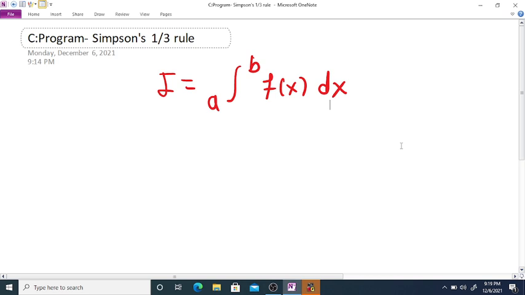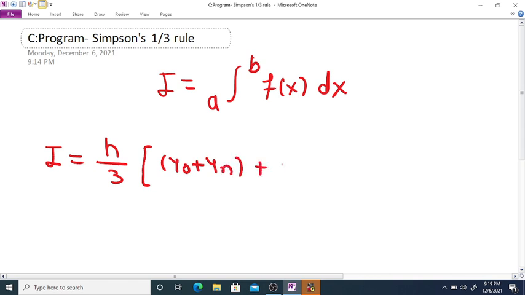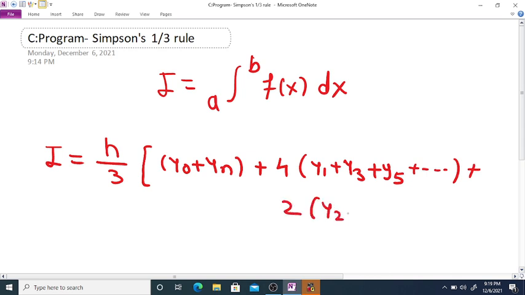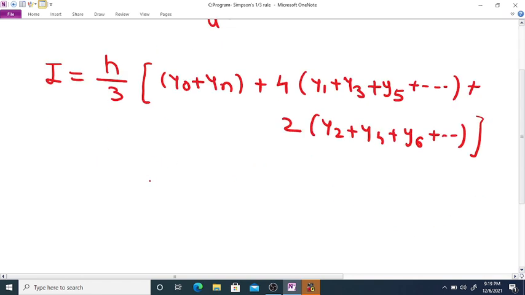So here, to evaluate this integration by using Simpson 1 by 3 rule, we use the formula I is equal to h by 3 inside the bracket y0 plus yn plus 4 times odd terms, that is y1 plus y3 plus y5 and so on, plus 2 times even terms, so y2 plus y4 plus y6 and so on, where h is equal to b minus a divided by n.